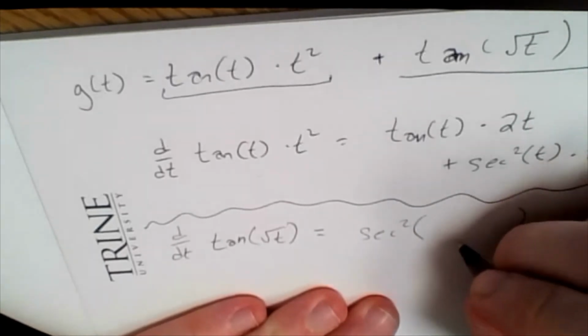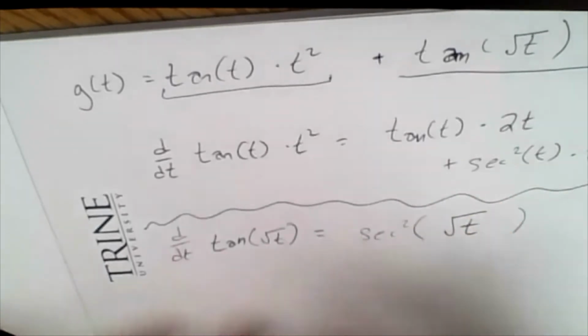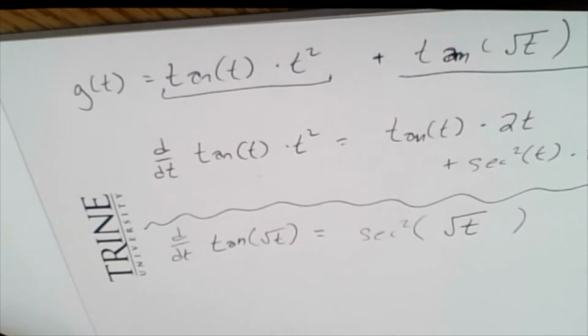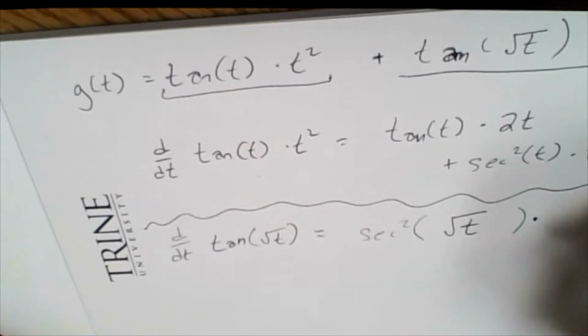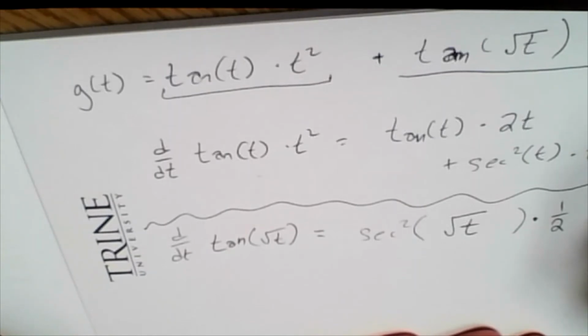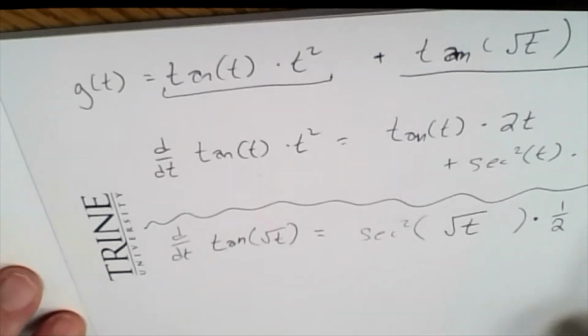So this will be secant squared with the square root of t inside of it. And I then need to multiply by the derivative of the square root, which is 1/2. And I'm going to choose to write this as 1 divided by the square root of t. You could also write 1/2 times t to the minus 1/2 power. It means exactly the same thing.